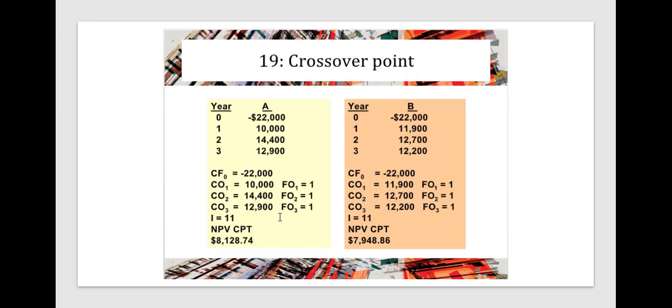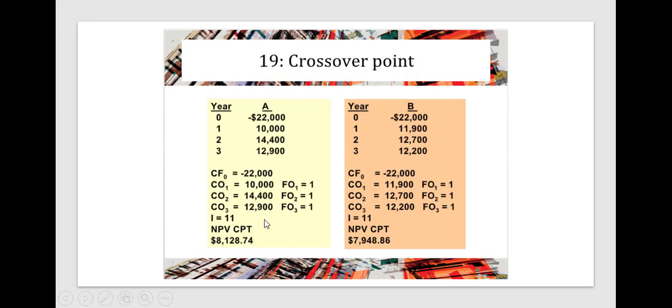The NPV of project A is more than project B. So project B will have a higher NPV at a rate greater than 20.14% and should be selected. At a discount rate of 20.14%, since it is a crossover point, you can select either of the projects, right?